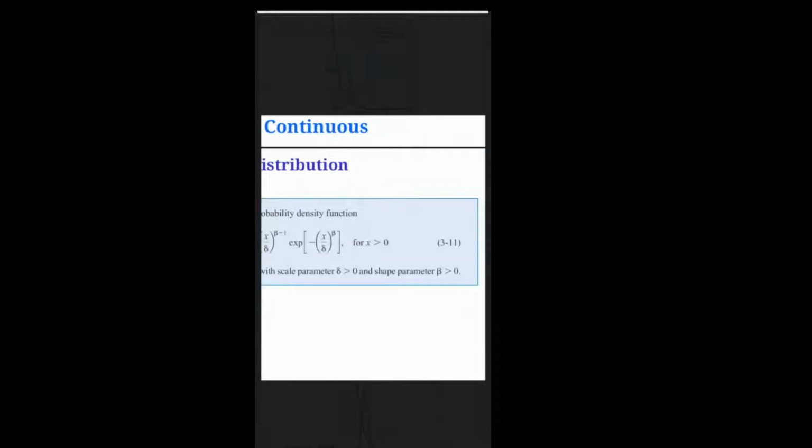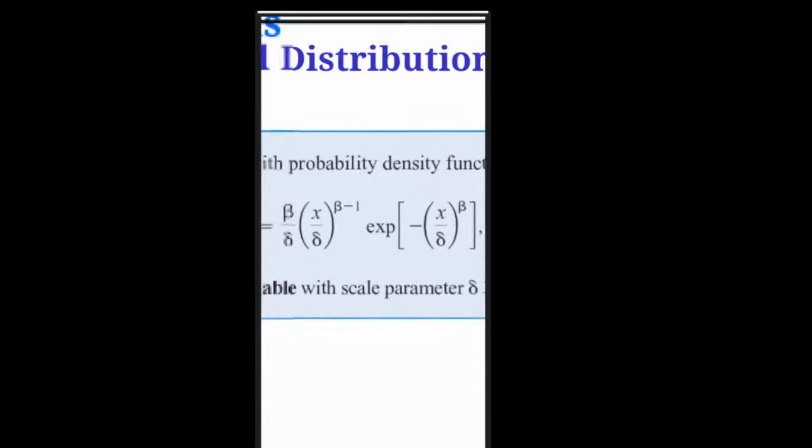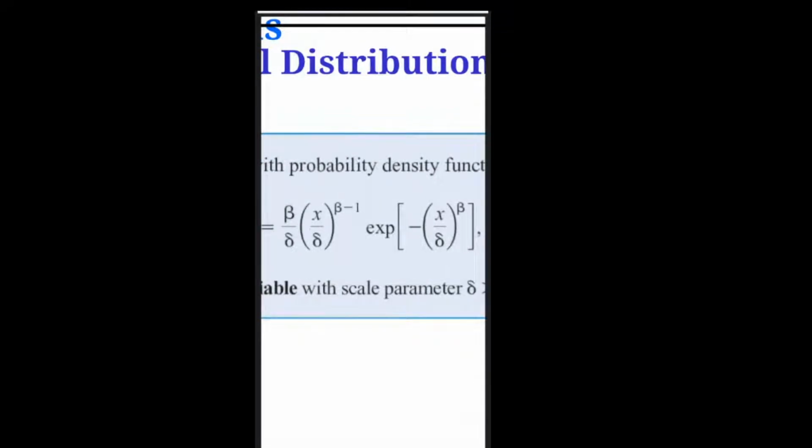And it's called Weibull random variable with scale parameter sigma and shape parameter beta. You can see here sigma and beta in Weibull distribution.